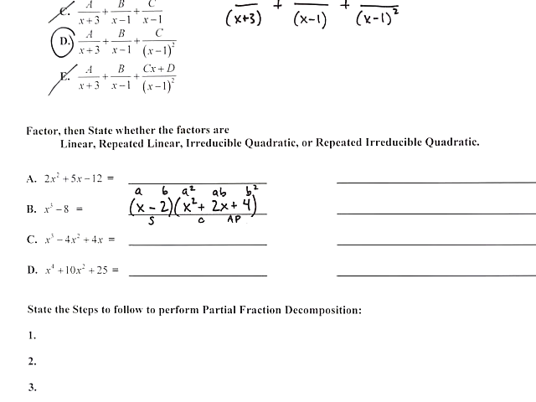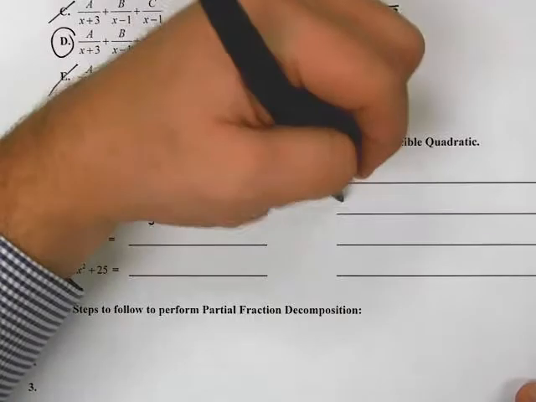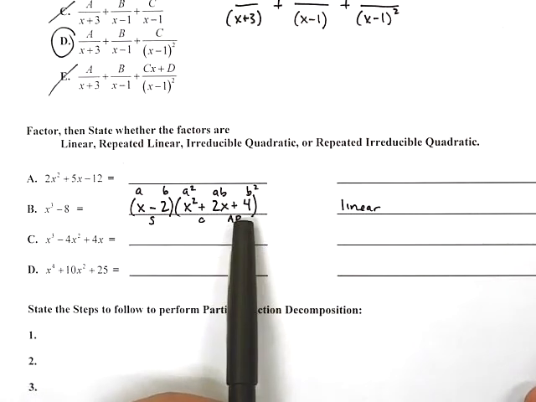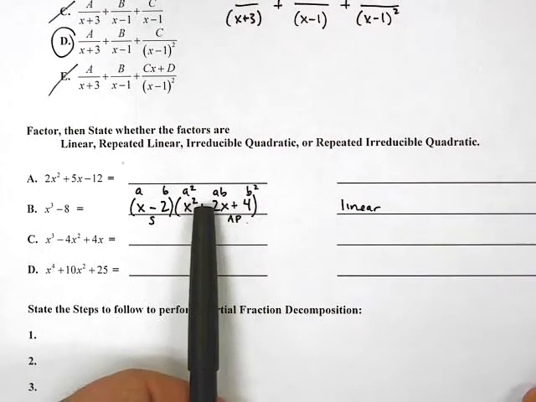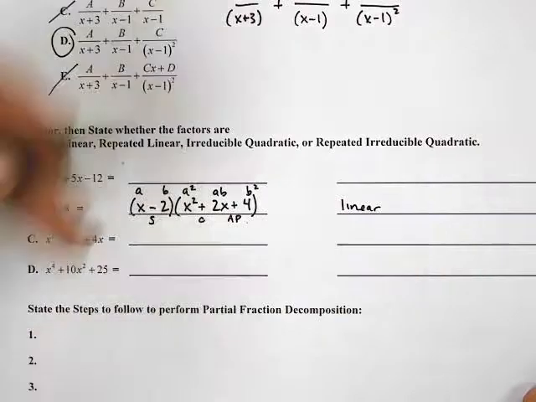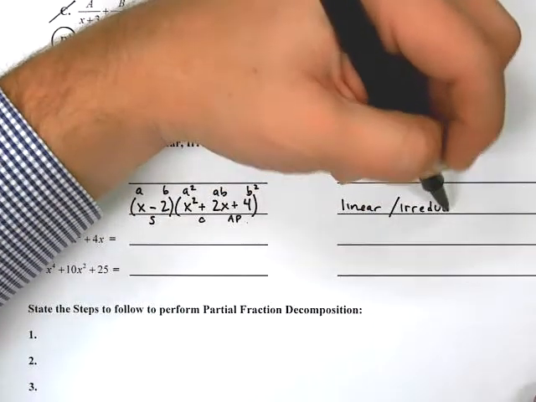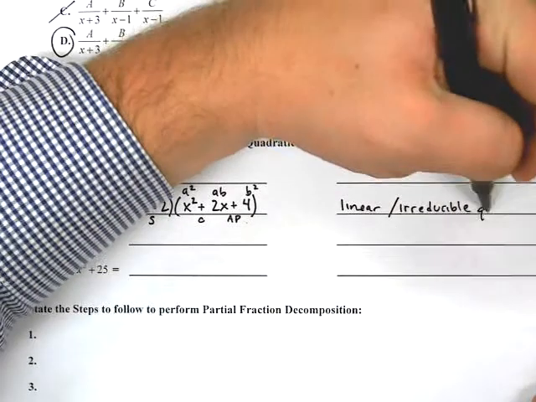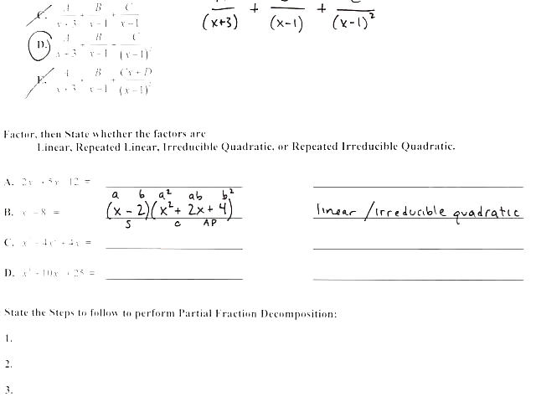So what do we have here? x minus 2 is linear. x squared plus 2x plus 4 is a quadratic, and if you remember correctly, I told you we can never factor this. So the second part is an irreducible quadratic. That's how that would work.